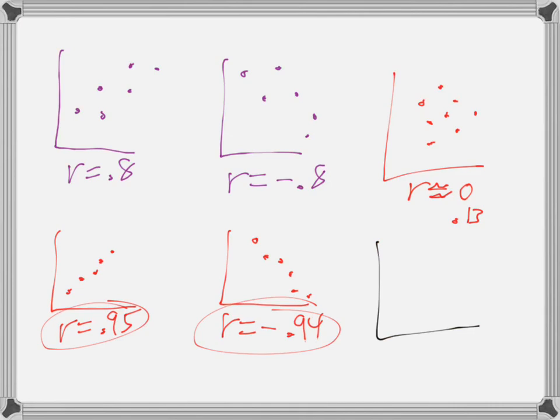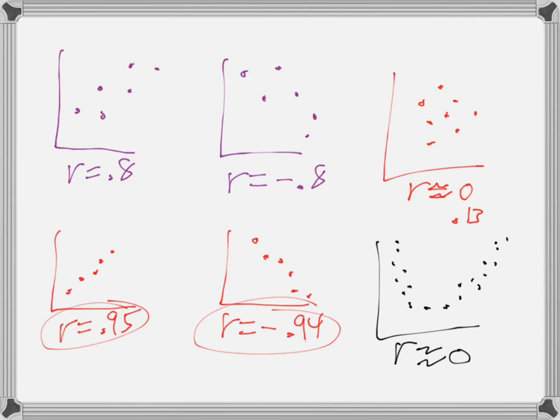What if the data looks like this? Now that data is a big U shape. So that data is very much connected, but not in a linear way. So R would still come out about 0.